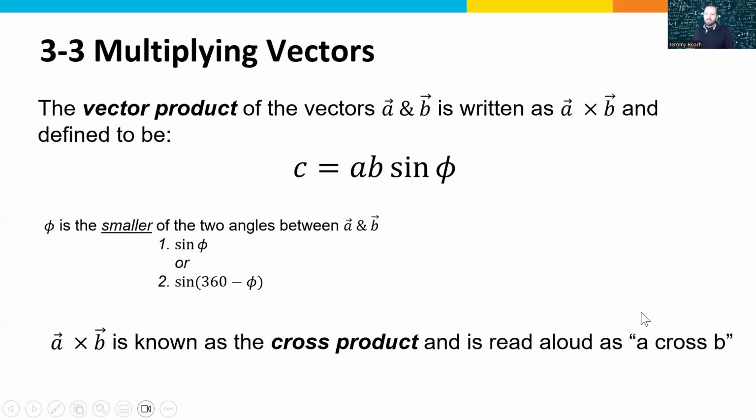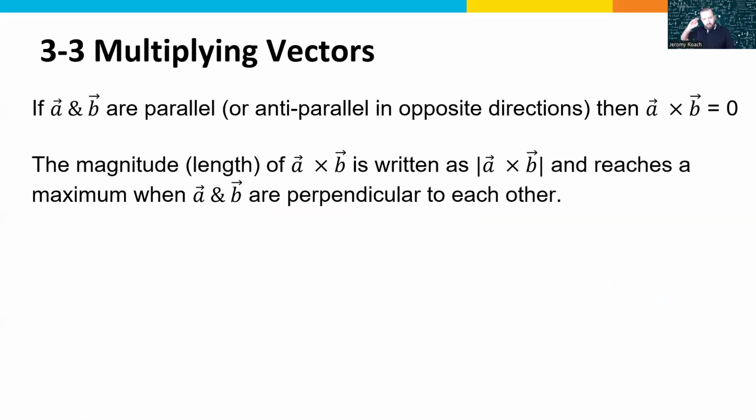And we call this the cross product. A cross B is one way we can say it. So if A and B are parallel, then A cross B equals 0. Or if they're in opposite directions, anti-parallel, then A cross B is 0.